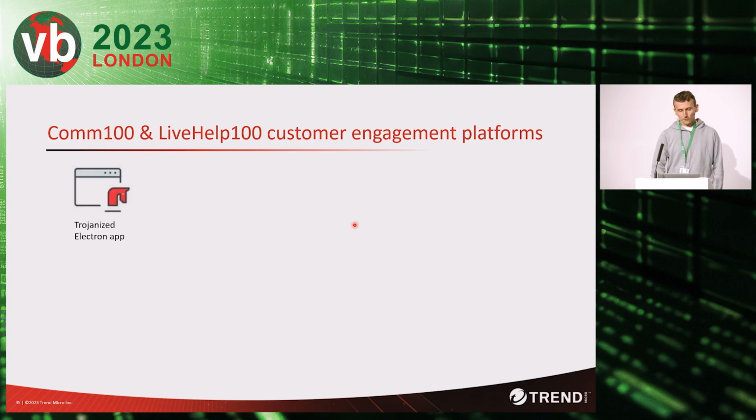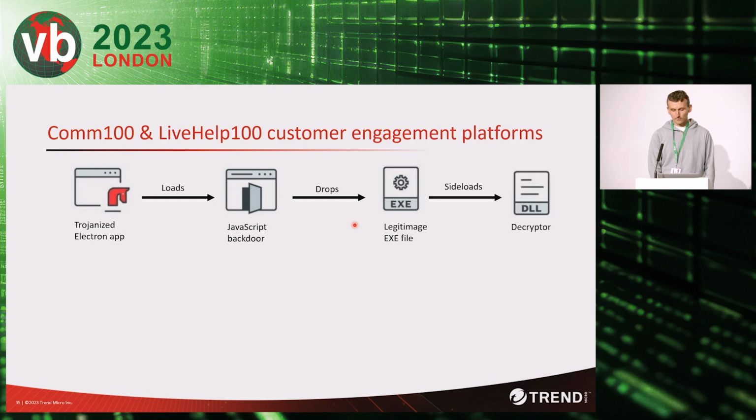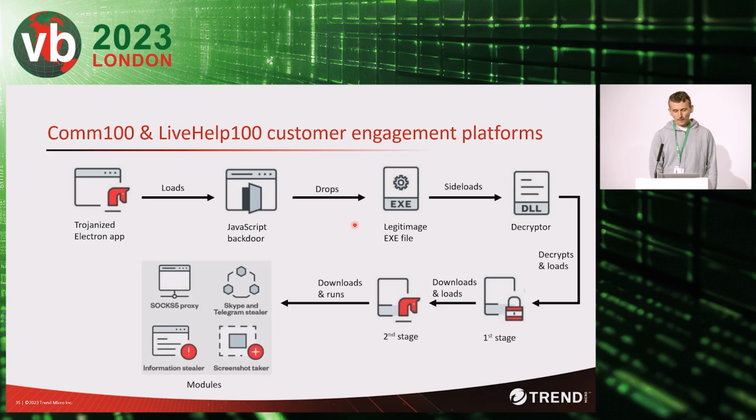So, a short, small schematic of how the whole attack works. There is this trojanized Electron application. It was the application on the left I mentioned in the previous slide. Then this application loads this JavaScript backdoor, which then drops a legitimate signed executable file, which sideloads a DLL decryptor, which decrypts and loads the first stage of the malware, which downloads and loads the second stage of the malware, which downloads and runs some or all of these modules.